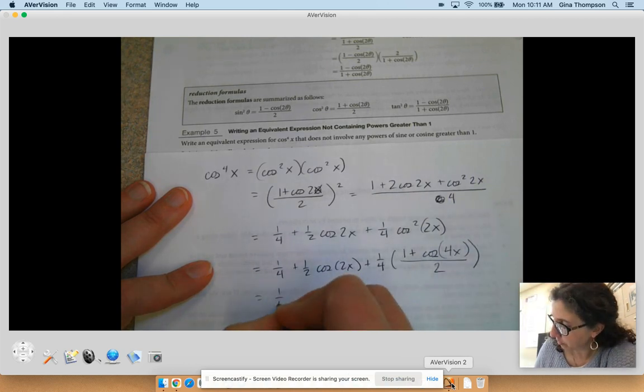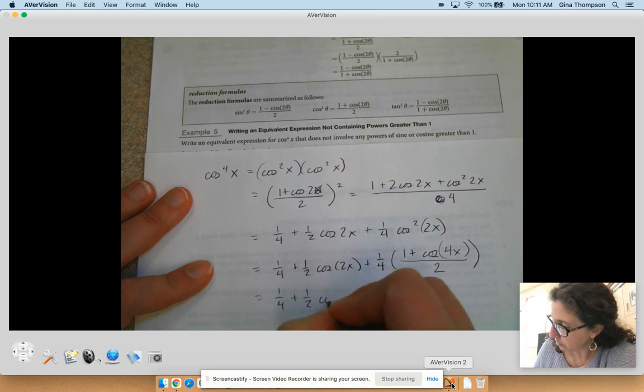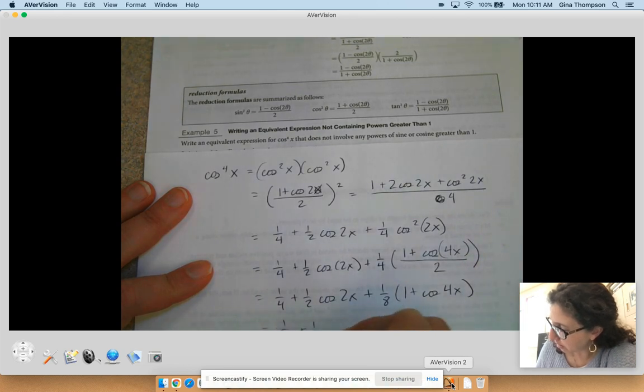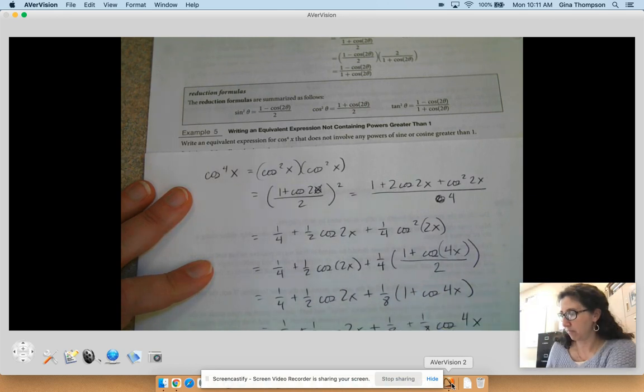Great. Then I can multiply this out. I could say 1/8 times 1 plus cosine of 4x. If I wanted to keep going and multiply that out, I'd have plus 1/8 cosine of 4x.